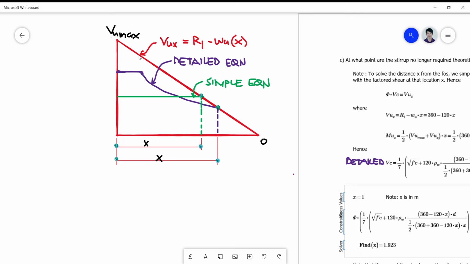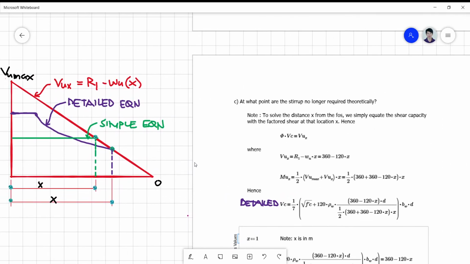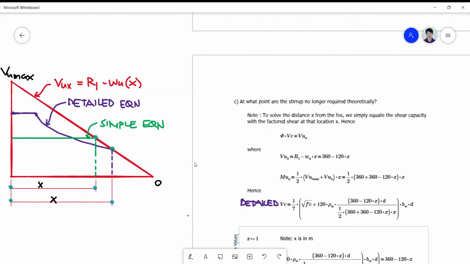We know in our elementary algebra and calculus that whenever we want a point of intersection, we simply equate the working equations: the detailed and the factored equation, and the simple and the factored equation.